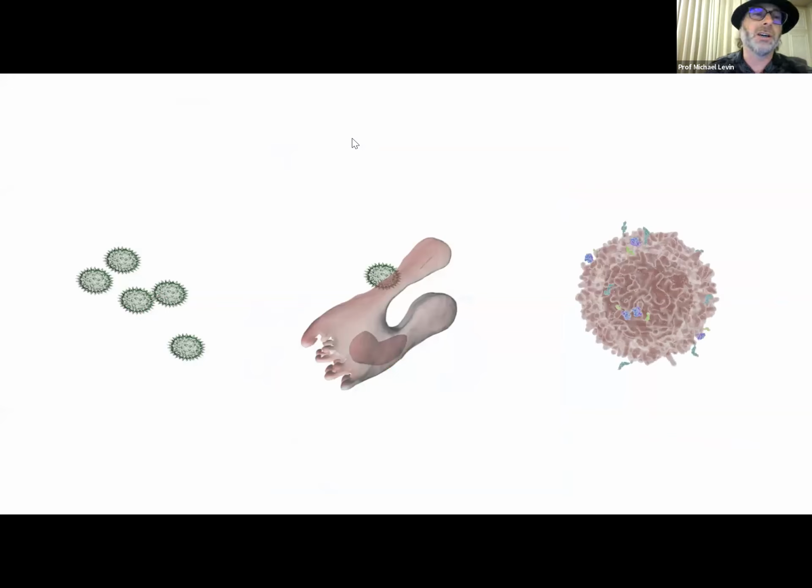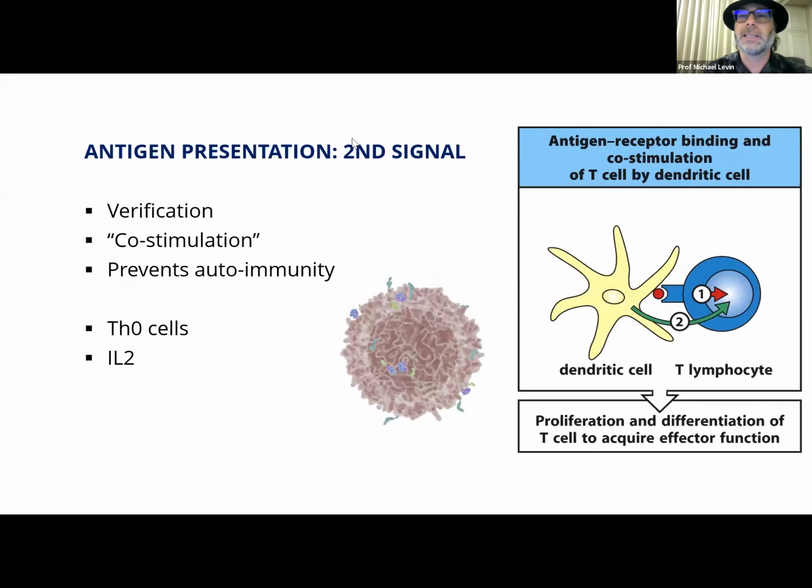The first stage of any immune response is the ingestion of an antigen, whether it's a bacteria or a pollen, by an antigen-presenting cell, cutting it up into tiny little pieces and then presenting those specific epitopes onto the surface of that antigen-presenting cell, and then presenting it to a T cell. This presenting to the T cell needs to be done under very controlled circumstances to make sure that there isn't any problem with autoimmunity.